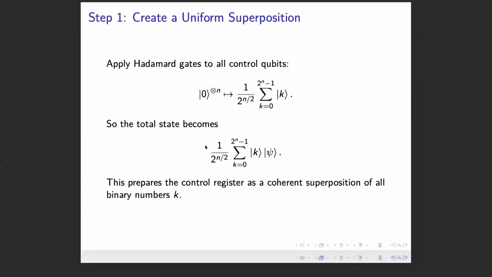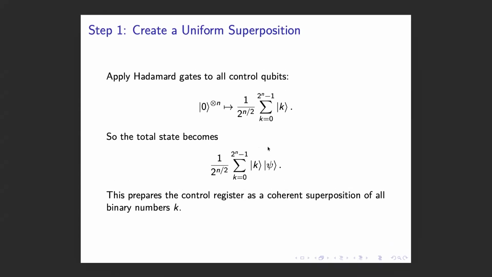So the total state, and I'm skipping the tensor products here, can be written like this, where we apply the Hadamard, and this prepares the control register as a coherent superposition of all binary numbers K. So this is a superposition of all the qubits which we have accessible here. There is no entanglement between these qubits when you do a Hadamard.